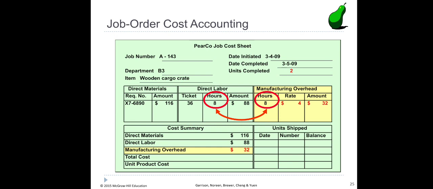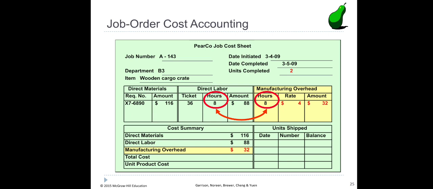Direct labor cost is $88. Also, you can trace that cost very easily. When you want to calculate the manufacturing overhead cost, you have to use the predetermined overhead rate. To do that, you have to have an allocation base. In this sample scenario, the allocation base is the labor hour. So see here, the labor hours are 8.